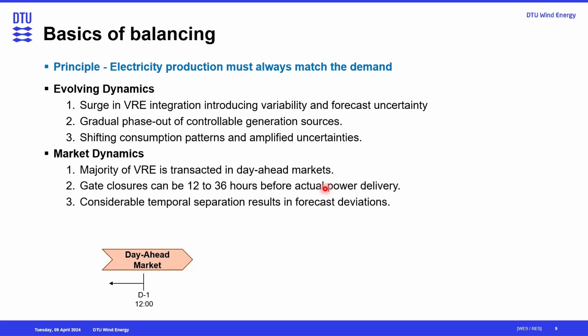Even with a forecast error, you could live with the reserves. But when you have 80% renewables and a huge forecast error in the day ahead, you cannot live with that planning altogether. So you have to move closer to the time of operation.